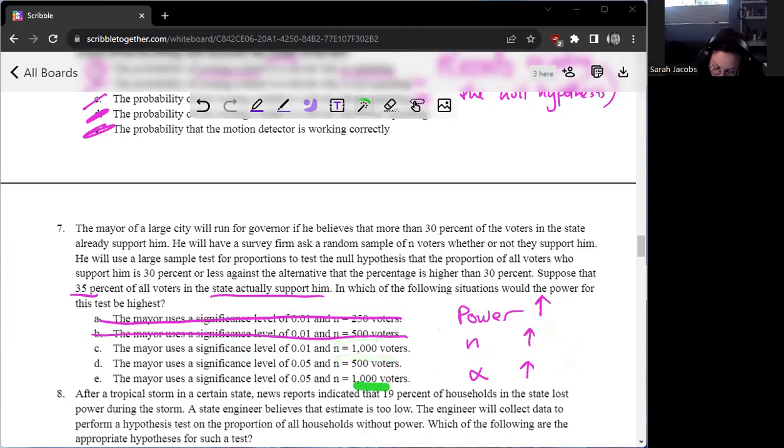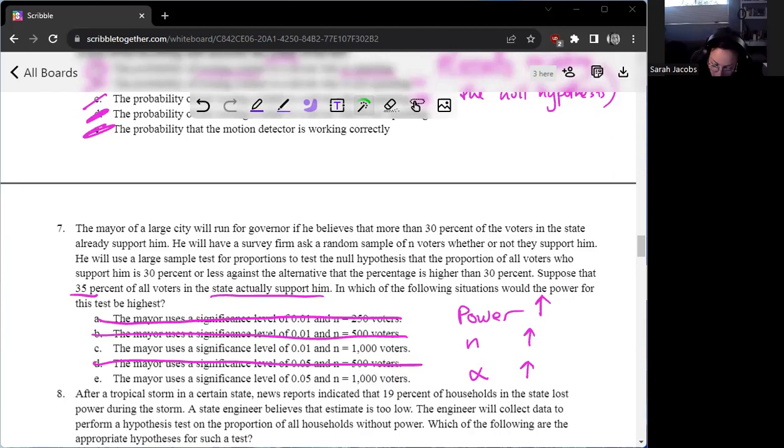Same logic, a sample size of 1,000 is going to have more power than 500. And now we're down to 2 options. And remember, if you're down to 2 options, it's a 50-50 chance of guessing correctly. If you got every single multiple choice on this test down to a 50-50, you'd get 20 out of 40 points on the multiple choice, which is actually putting you in a pretty good position.